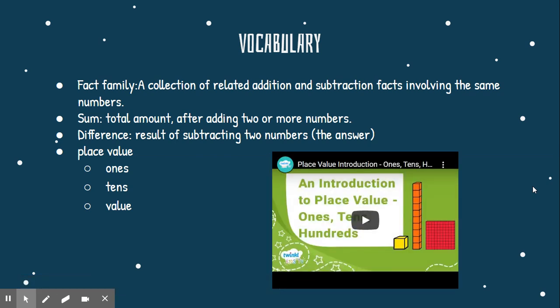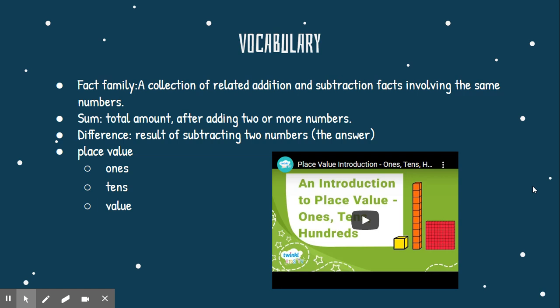All right, so for our activity today, some important vocabulary that you are going to need is fact family. A fact family is a collection of related addition and subtraction problems, all involving the same numbers. And we're going to talk a little bit more about those in just a minute.